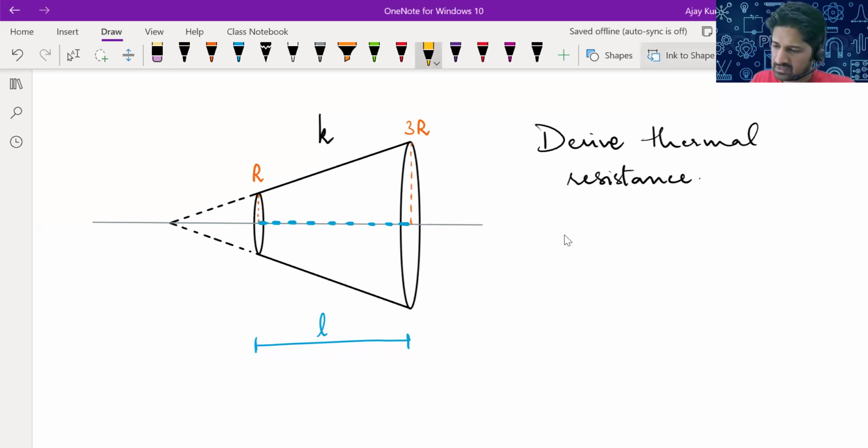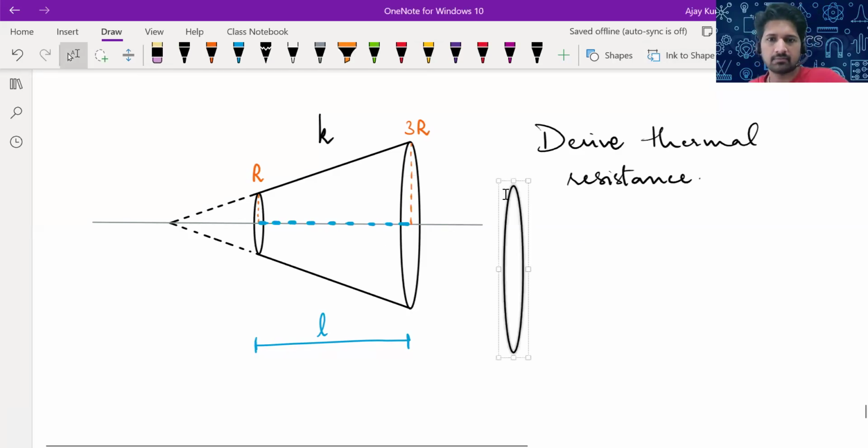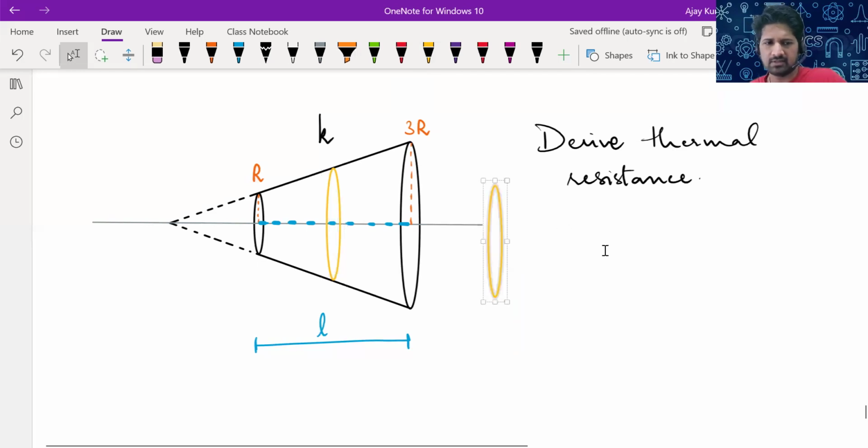One such layer can be imagined like this. Some thickness will be there, definitely.